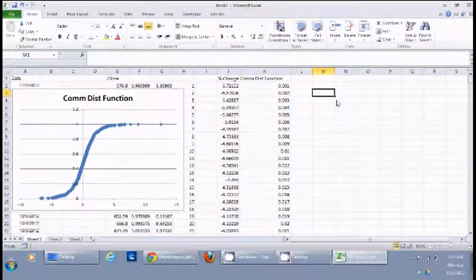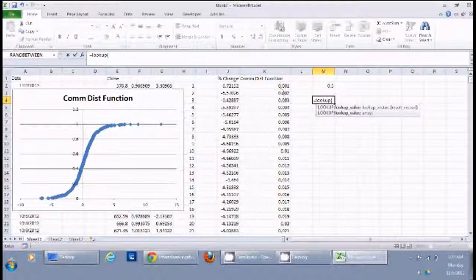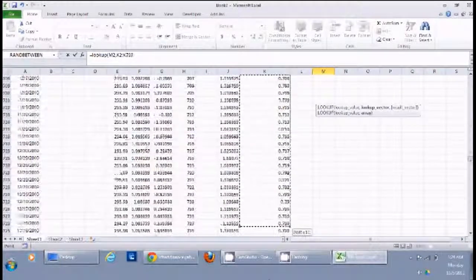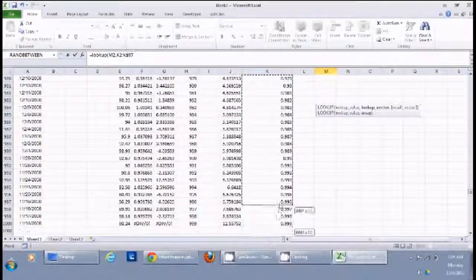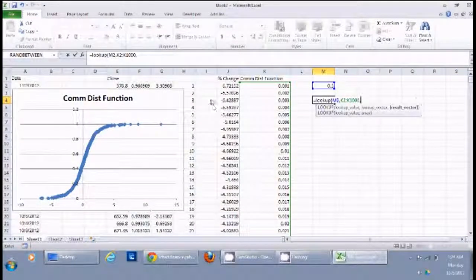So I can use the lookup command. Let's assume that we want to calculate the probability of 0.5. So I'll say lookup, and then I select this value, because I want to look up 0.5, and then I'll select this column, and then this is my result column.